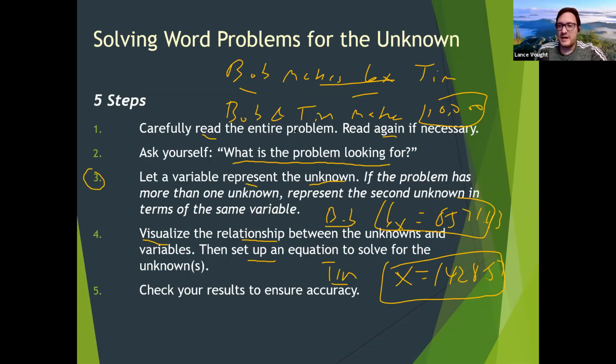It could have been Bob was X and then Tim was 1/6 X. It could have been either way. Both would have given you the same answer. It just would have been a messier problem, because it would have been 7/6 X equals 10,000, or 6/7, I'm sorry, equals 10,000. But nonetheless, we got to the right answer. And then again, check your results to make sure you feel like you got the right answer.